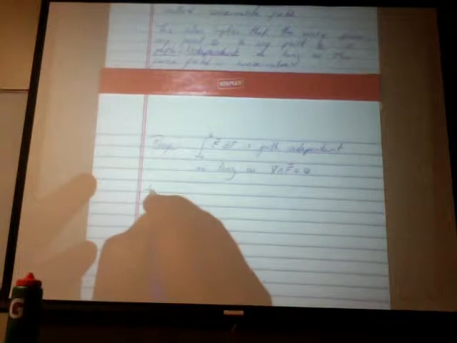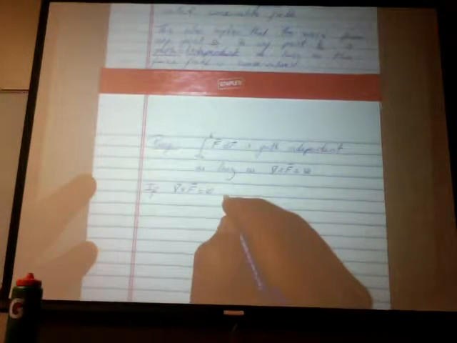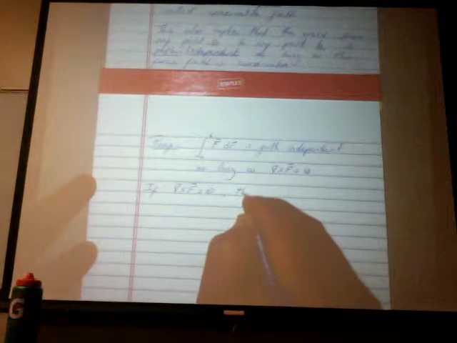Now, if the curl of F is equal to 0, then that means that F can be formulated in terms of the gradient of a potential function.